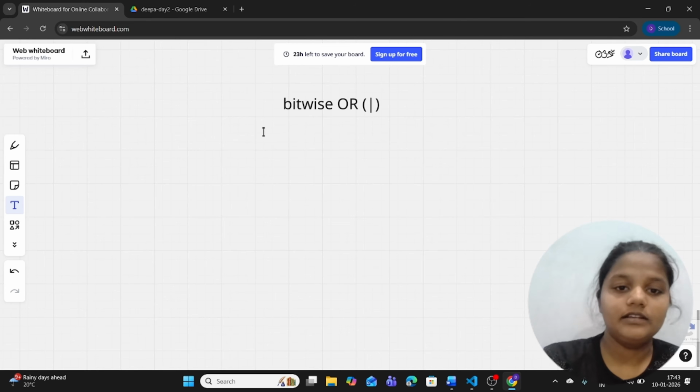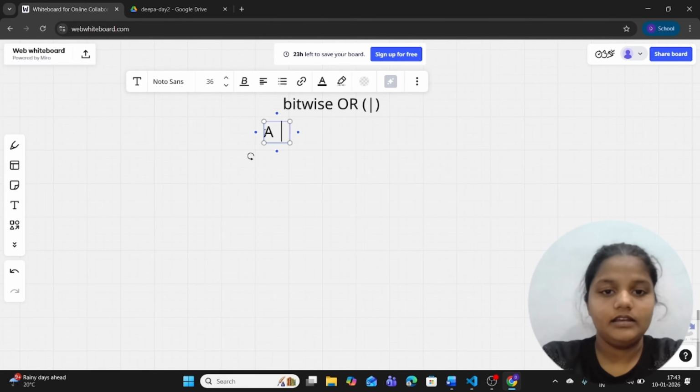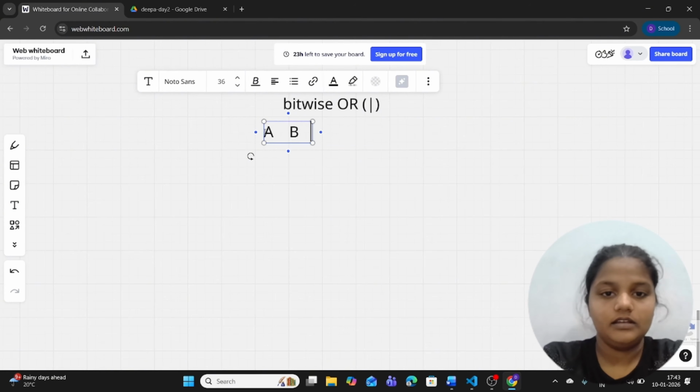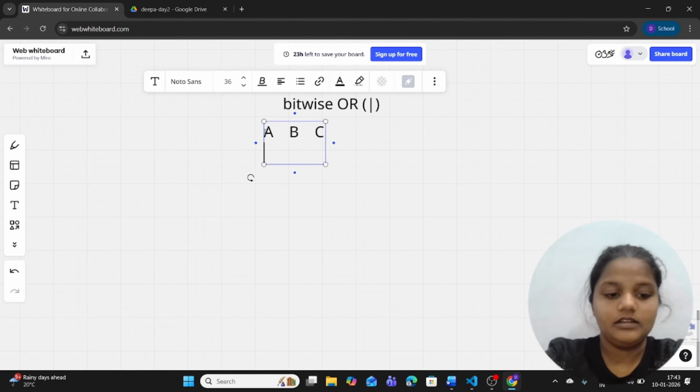Like A, B, and our output: 0 OR 0 means the output will be 0. 0 OR 1 means the output will be 1.